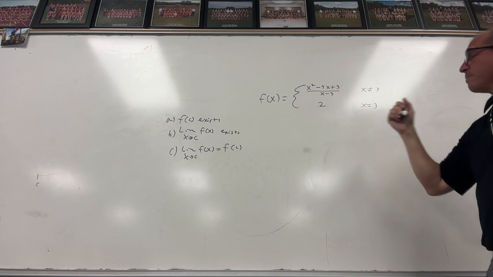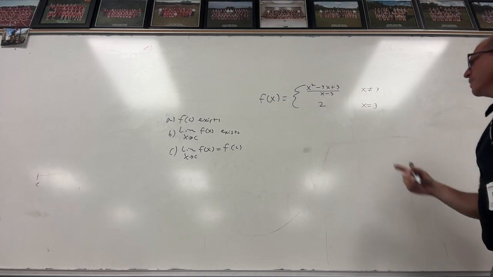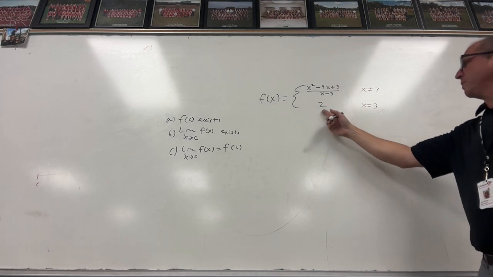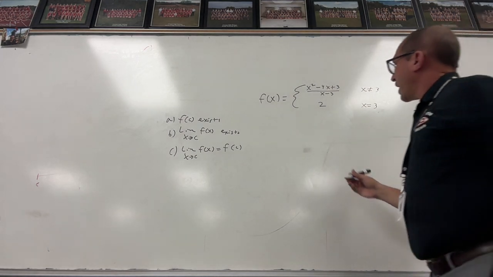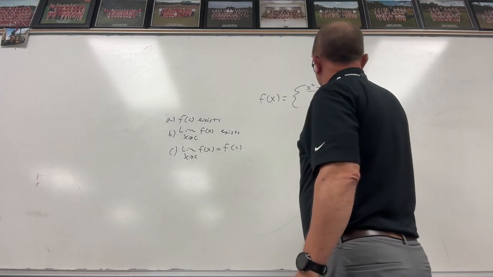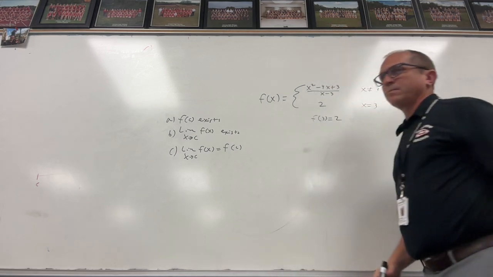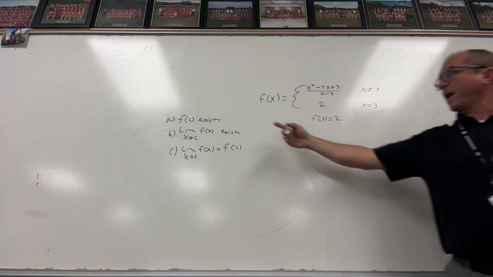Right? Okay. So just making sure we know that. But because I have this stipulation in here, now it is. So I can say I know that f of 3 is 2. So it passes the first check.